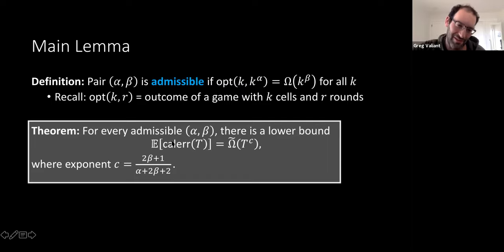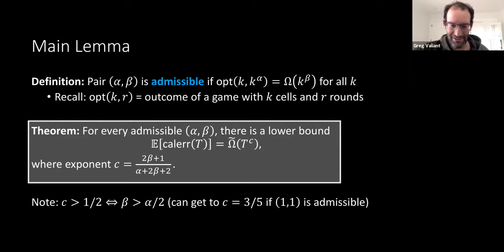Intuitively, I don't know whether this connection can be strengthened or not, but my guess is probably not. I don't think this sidestepping game could give you the t to the 2/3 lower bound with a tighter reduction, but I could be wrong.